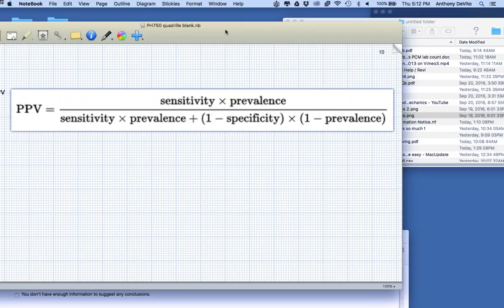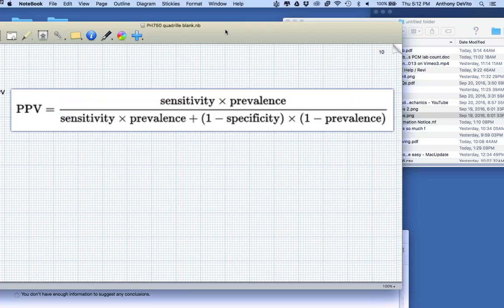Probability that you have the disease and you tested positive is going to be the sensitivity, and the prevalence is the number of people, the percentage of people who have the disease. Let's say it's 10%. And the sensitivity is the likelihood that you're going to get a positive test for them. So on top is the percentage of people in the population that have the disease and test positive, right? That's the top part of our equation.